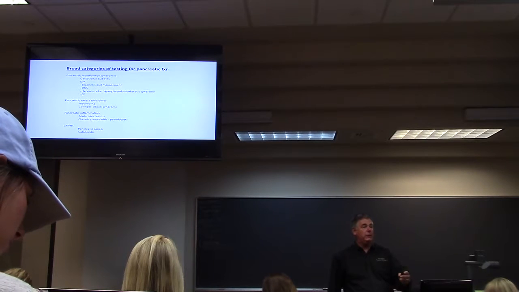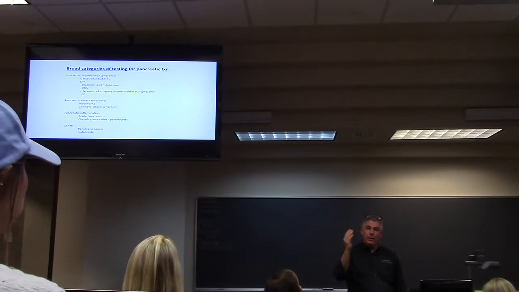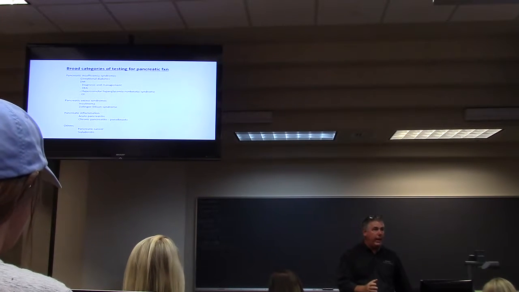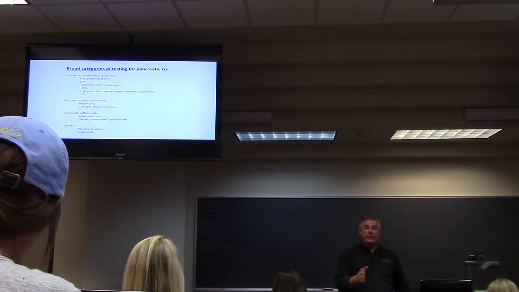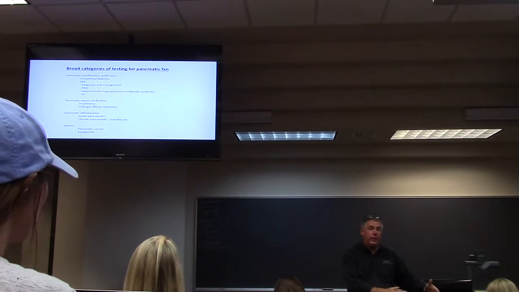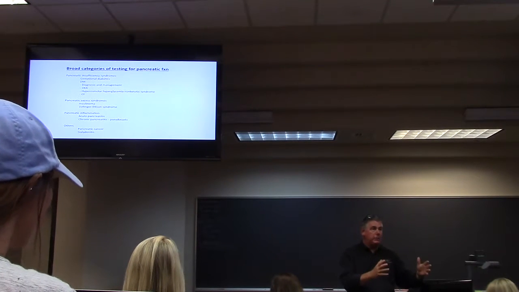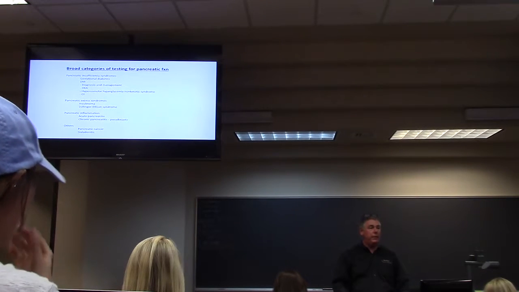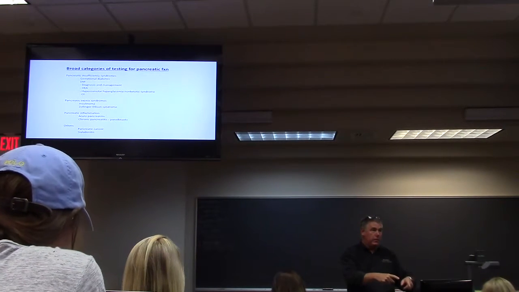Anyway, let me go back to the original question. Chronic pancreatitis with exacerbations being acute pancreatitis, 90% of it is due to what? Alcoholism. The other 10% is due to gallstones.